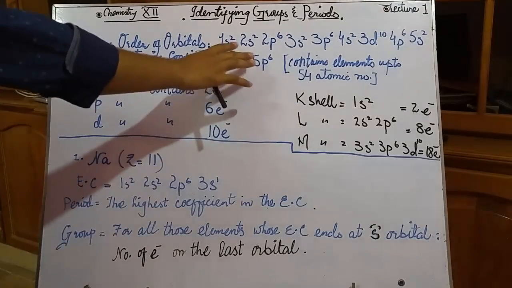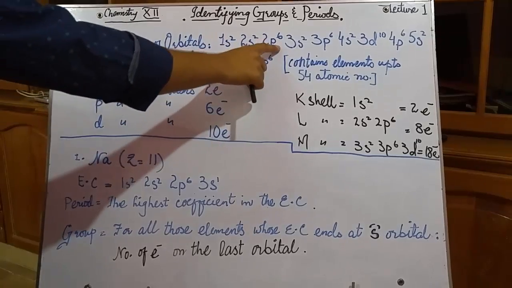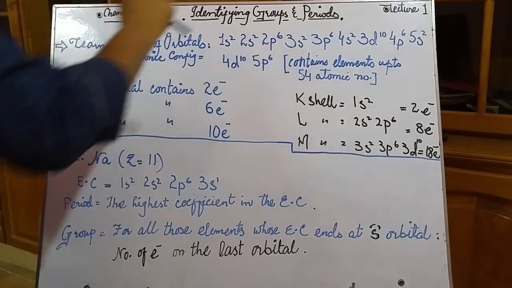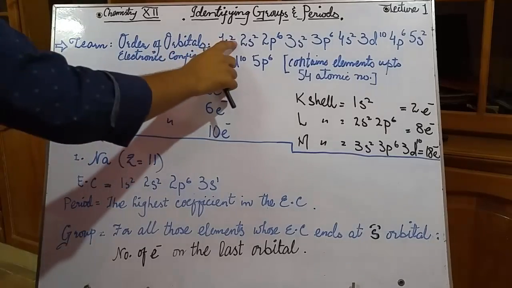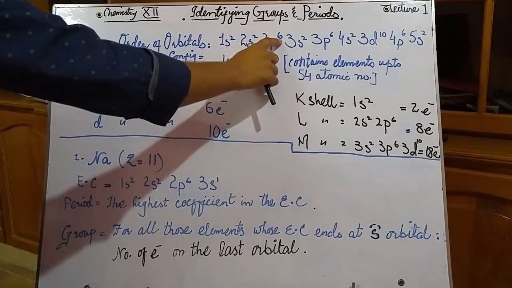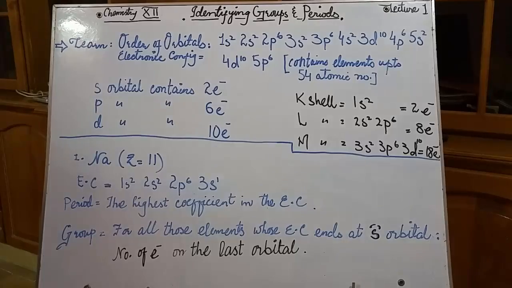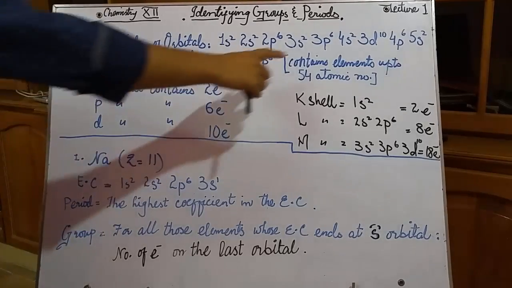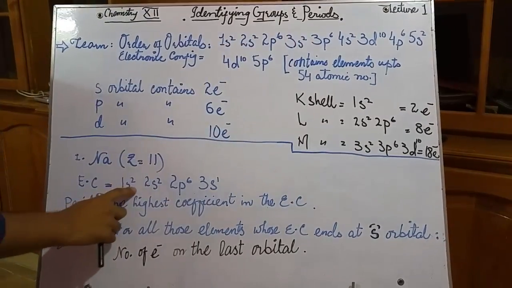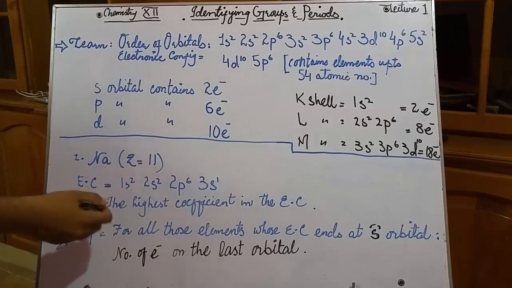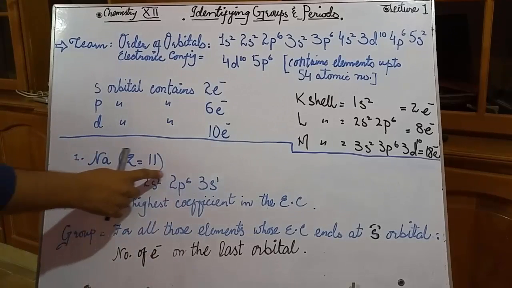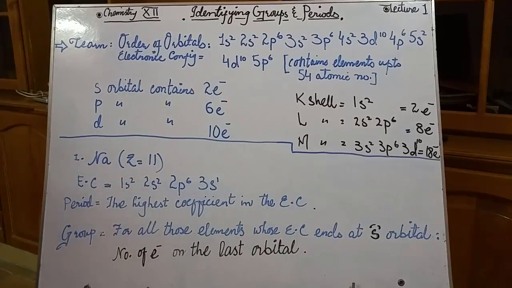So we will write 1s2, 2s2, 2p6, 3s2, but here we have to understand that 2 plus 2 is 4 and 4 plus 6 is 10, and 10 plus 2 is 12, and we need 11 electrons, so we will write 1s2, 2s2, 2p6, 3s1. If you want to count the electrons, 2 plus 2 is 4, 4 plus 6 is 10, and 10 plus 1 is 11. Here the electronic configuration has been done.